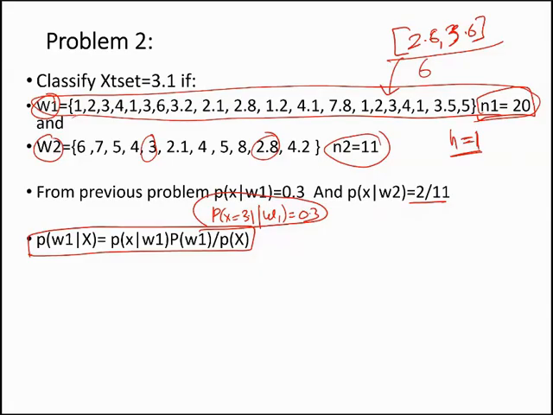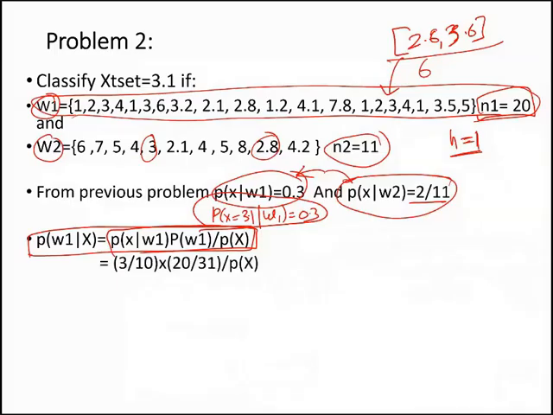Then use these likelihood estimates. So these are our estimates. You substitute in your Bayes equation, say here for omega 1, and you will get the posterior. So this will be 3 by 10, 20 by 31 divided by P of x. So I am not calculating this P of x, which is not required for taking my decision.